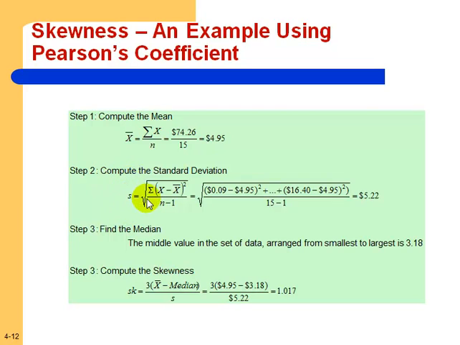A big standard deviation means each value is really far from the mean. So if the standard deviation is a huge number, then the mean, the x bar, is not so representative.